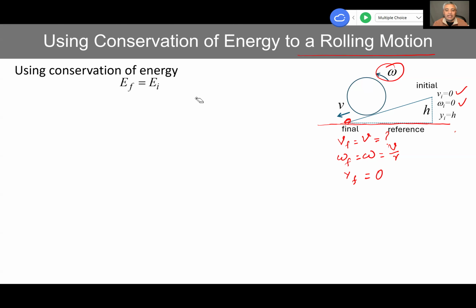So in this case, there are only two kinds of energies, kinetic and potential, which are collectively known as mechanical energy. So total energy is kinetic and potential. And we learned that there are two possible kinetic energies, translational and rotational.